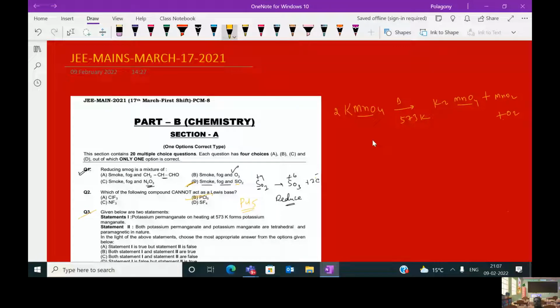In KMnO4, the oxidation state of manganese is +7, whereas in K2MnO4, the oxidation state of manganese is +6.